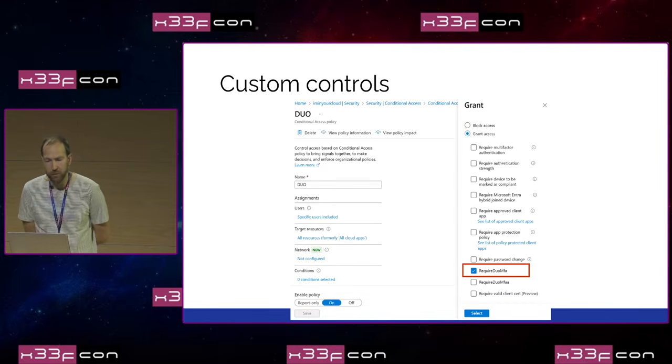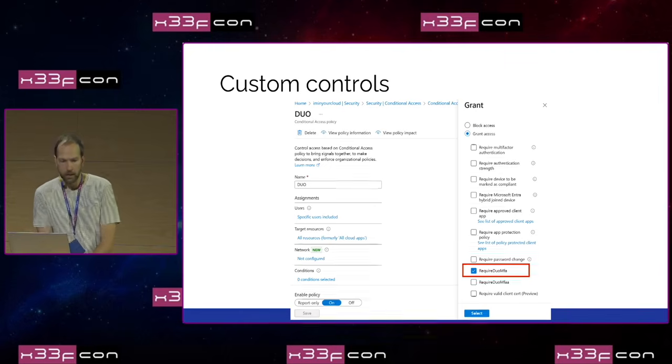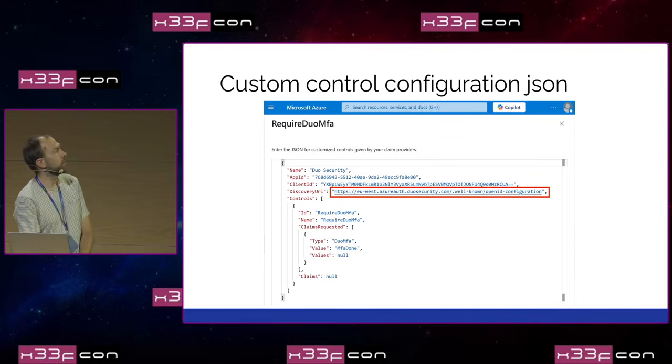Now, custom controls are configured a little differently because they show up as additional grant types if you configure conditional access policies. So here I can explicitly say you need to do MFA with Duo, and the configuration is then fetched from this JSON endpoint. So this is very similar. Again, we specify a discovery URL. In this case, it's actually the real Duo.